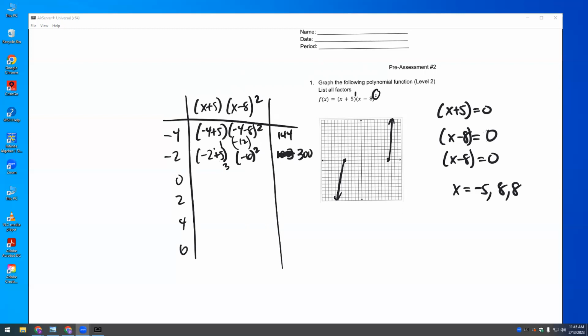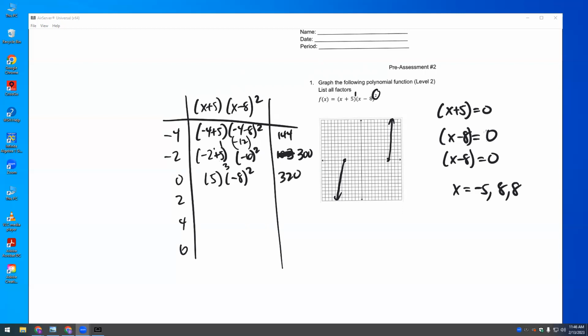0 is pretty much just 5 times -8 squared. That's 64 times 5, which is 320.